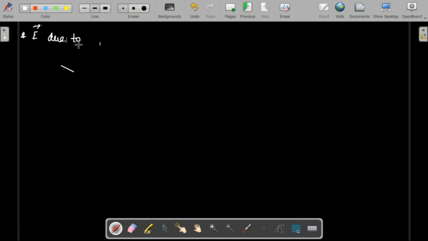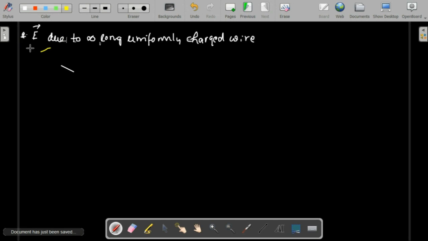So we are going to find out the electric field due to an infinite long uniformly charged wire. So this is what we are going to check now.